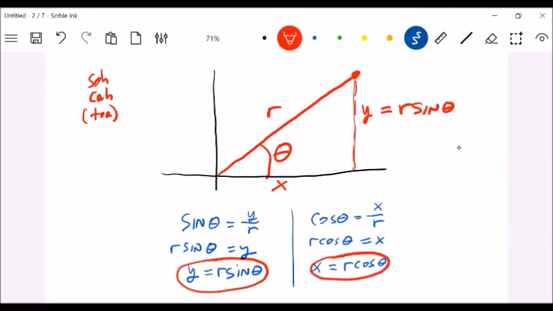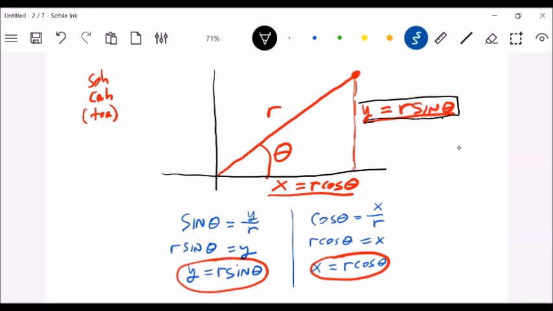And that means that x is equal to r cosine theta. Those little formulas right there are going to help us as we do some other things in the coming parts. In fact, I want to make a box around them because we're going to use them again. They're going to be very important to us.